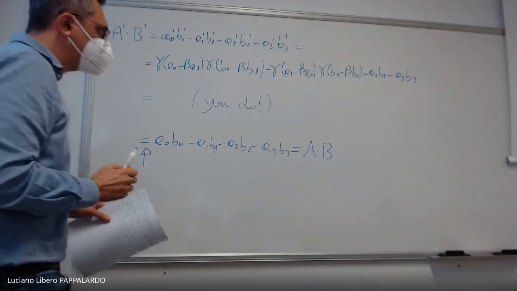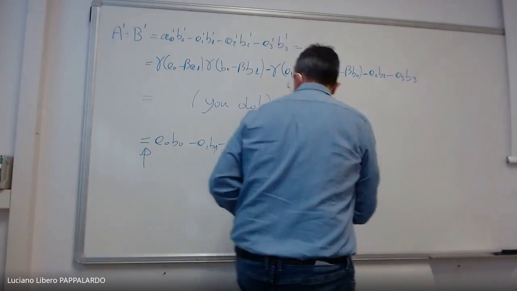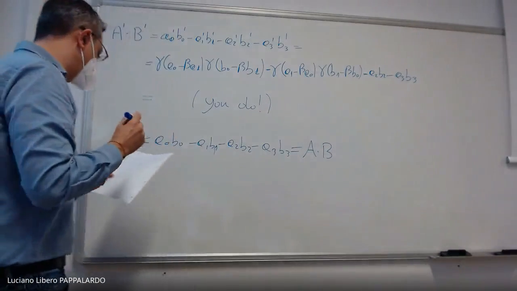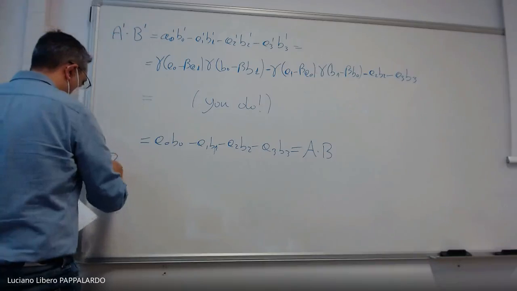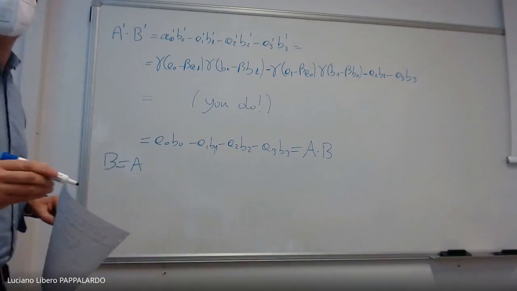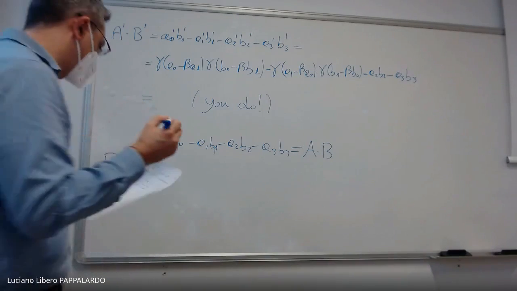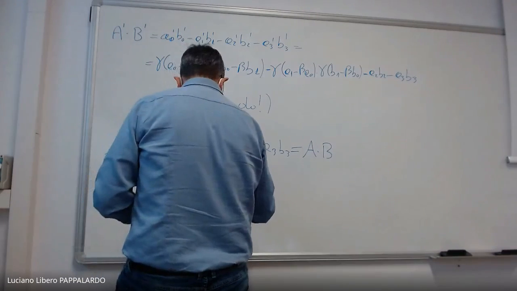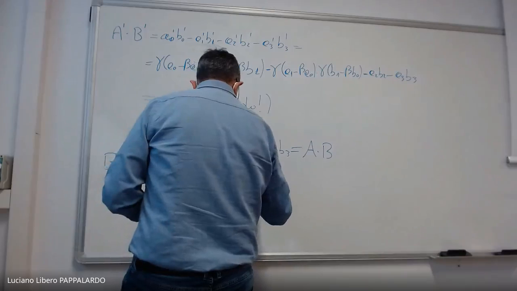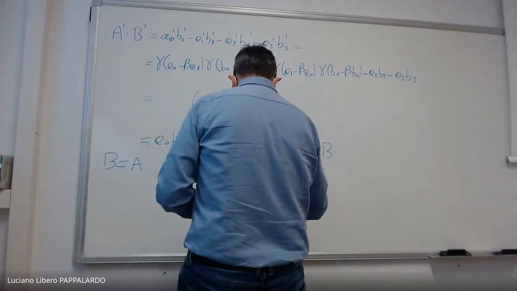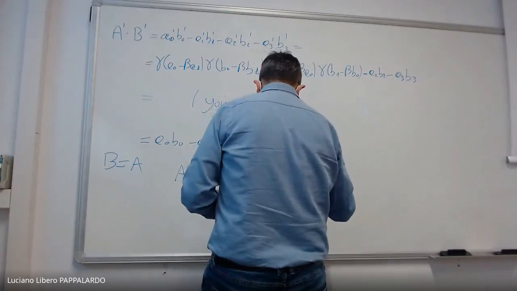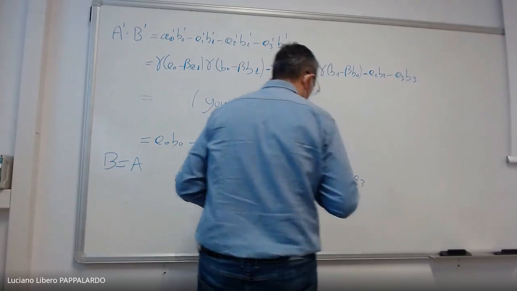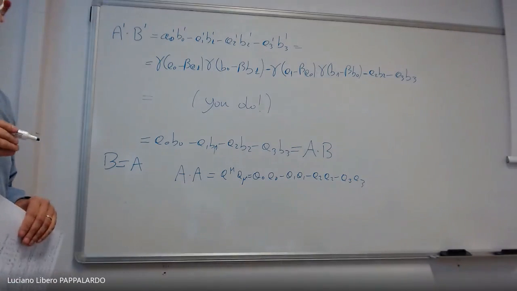A few more things. Suppose now that the two 4-vectors are equal, so B is equal to A. So we calculate the scalar product of a vector with itself. What we obtain is A·A equal to A_μ A^μ. It is A0 A0 minus A1 A1 minus A2 A2 minus A3 A3. We are just applying the definition of the scalar product.